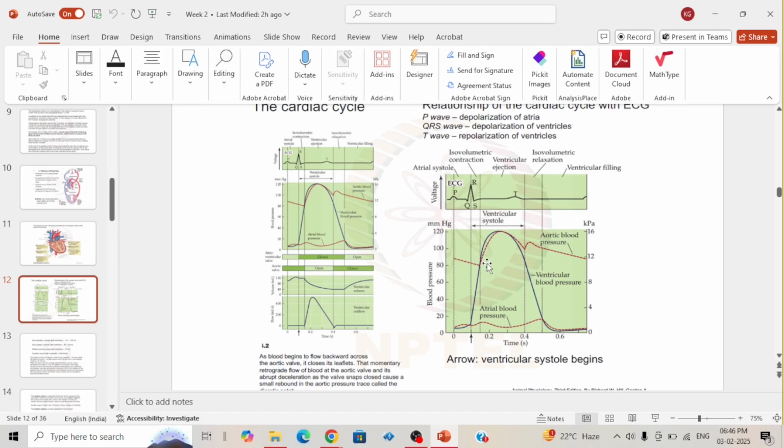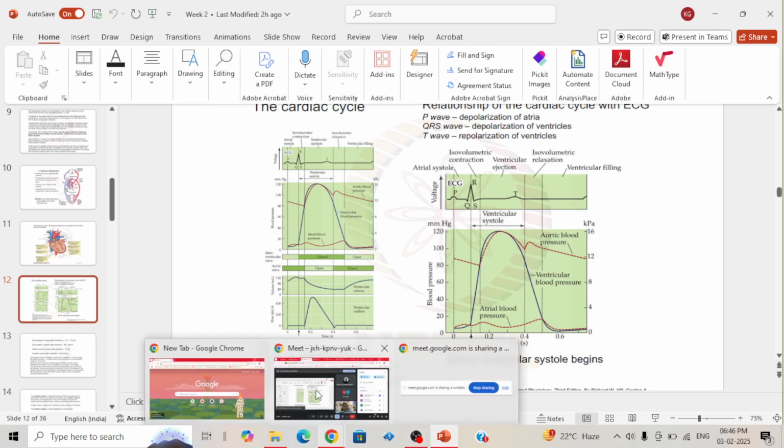Initially the pressure inside the ventricle is very low, but you can see a little shift in the atrial blood pressure due to collection of blood, so the pressure will be a bit higher in the atrium than the ventricle, which leads to a pressure difference between the atrium and the ventricle, opening this bicuspid valve, and the blood will flow from atrium to ventricle.